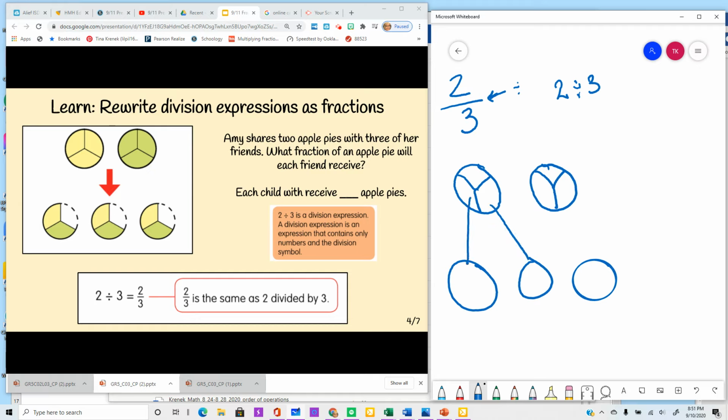They each are going to get 1 of the pieces, and then 1 of these pieces. So they each are going to get 2/3 of the pie. 2 divided by 3, 2/3.